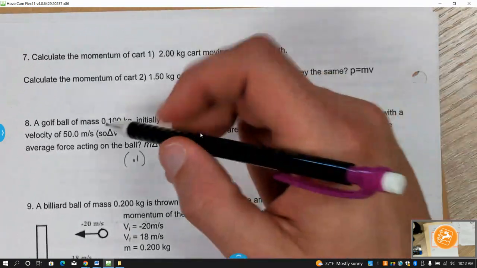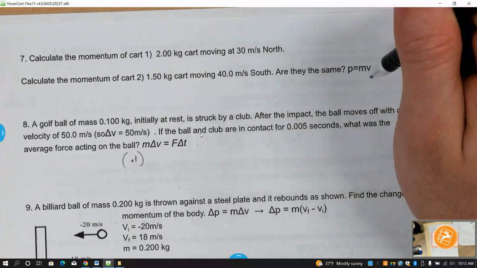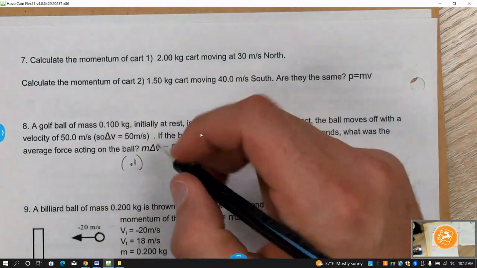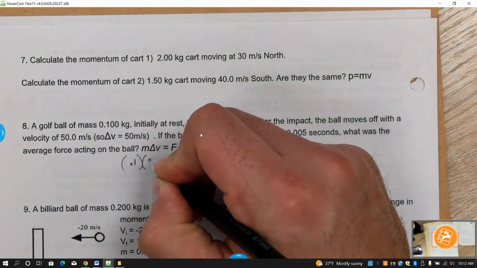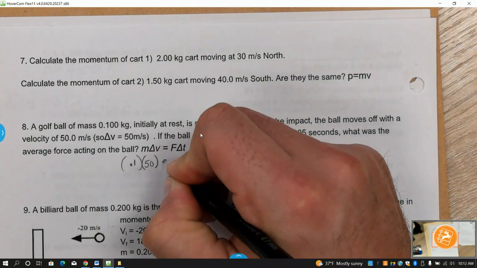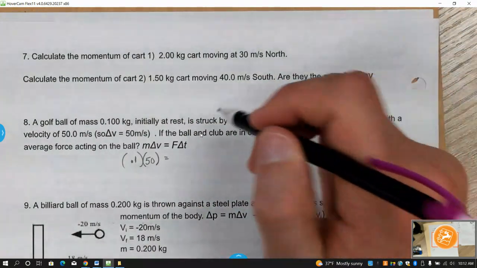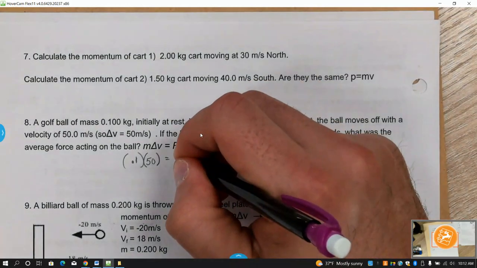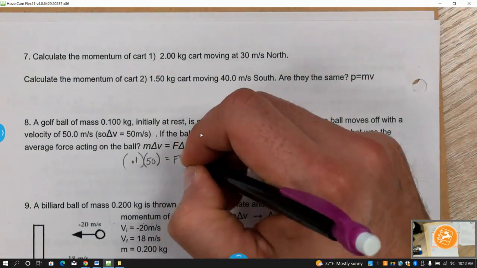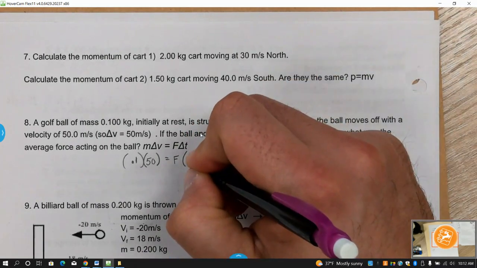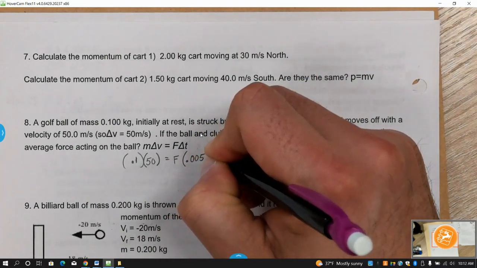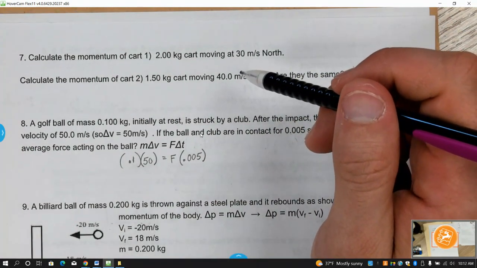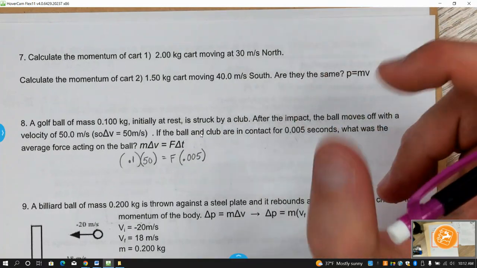Number 8, you have the mass of a golf ball. After the impact, it moves with a new speed of 50 meters per second. If the club and the ball are only in contact for 0.005 seconds, what is the average force acting on it? So the time is 0.005. How do I find F?